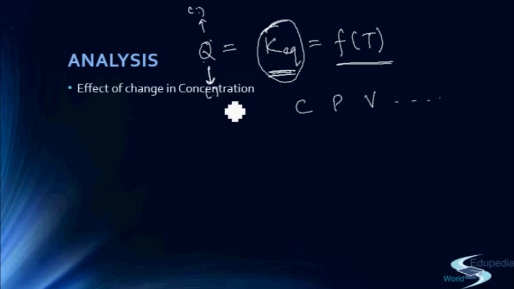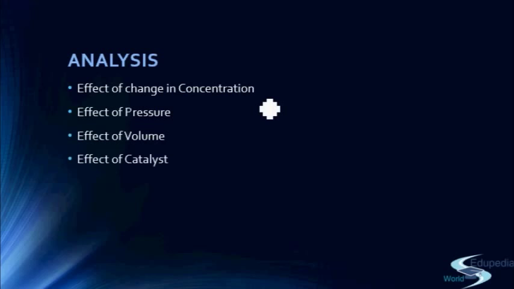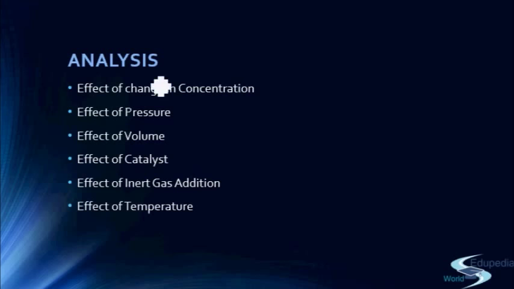Basically we are going to study the effect of change in concentration of your reactants or products at equilibrium. Then we will look at the effect of pressure, effect of volume, and effect of catalyst and inert gas addition. At the end we'll look at the effect of temperature.